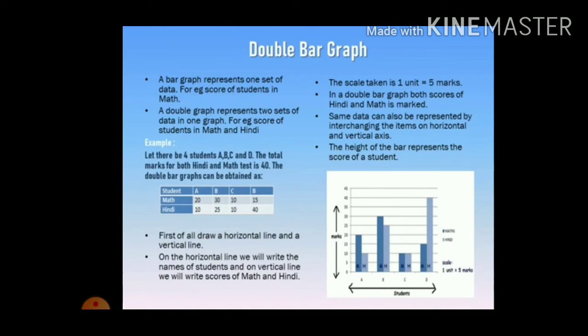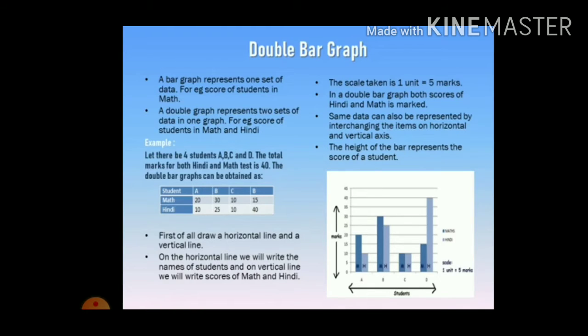So here the marks of students in both maths and Hindi are visually represented. You can see that the student C has equal marks in maths and Hindi, while the student D has performed well in Hindi but not in maths.